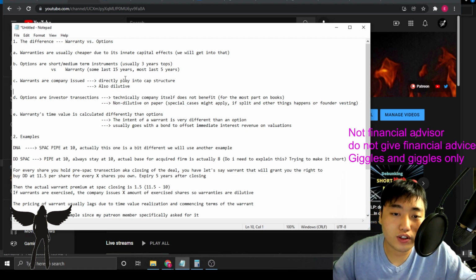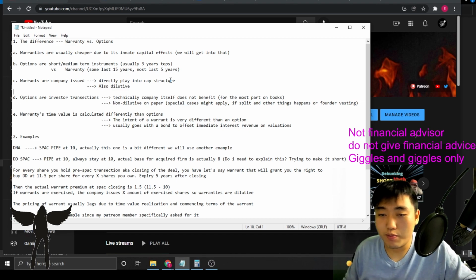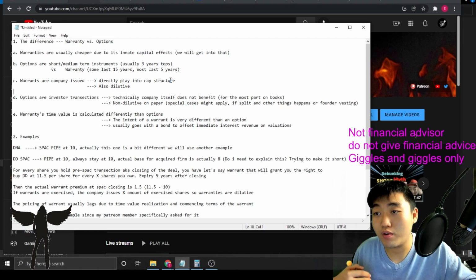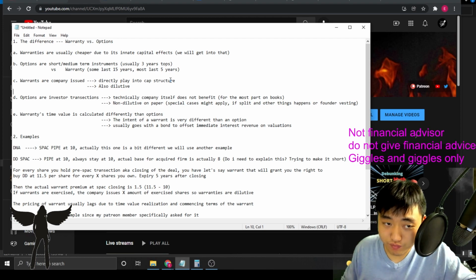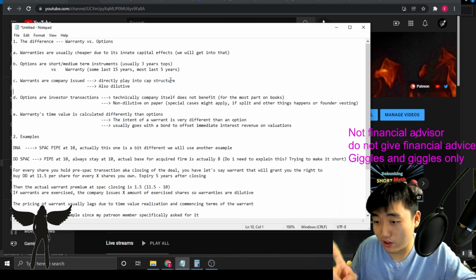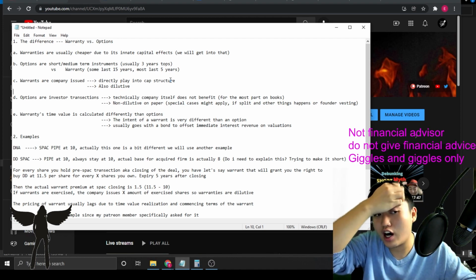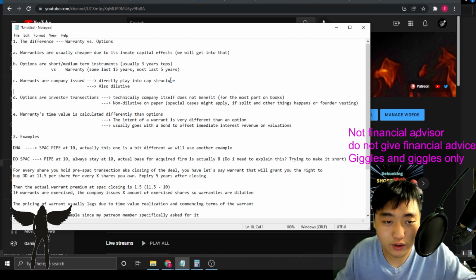So if you just want a rundown, basically if you buy one warranty at $11.5 per share and exercise the warranty, that means you basically paid $11.5 for one share of whatever stock the warranty is giving you the right to buy.